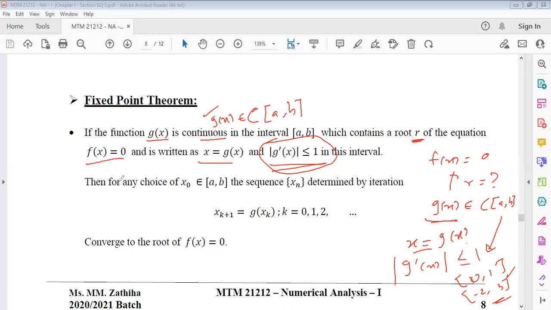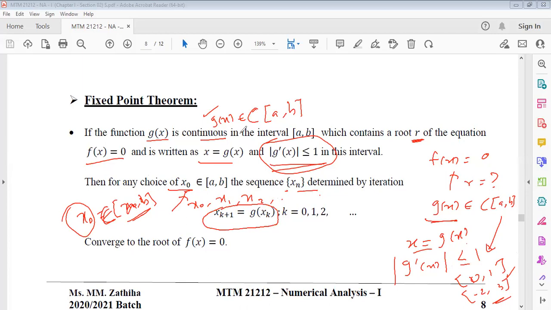Then, for any choice, this is our initial choice. We have to choose an x0 within that interval (a, b). From x0, you can find x1, x2, x3, like that. This is the sequence of xn determined by this iteration, which I gave you earlier also.